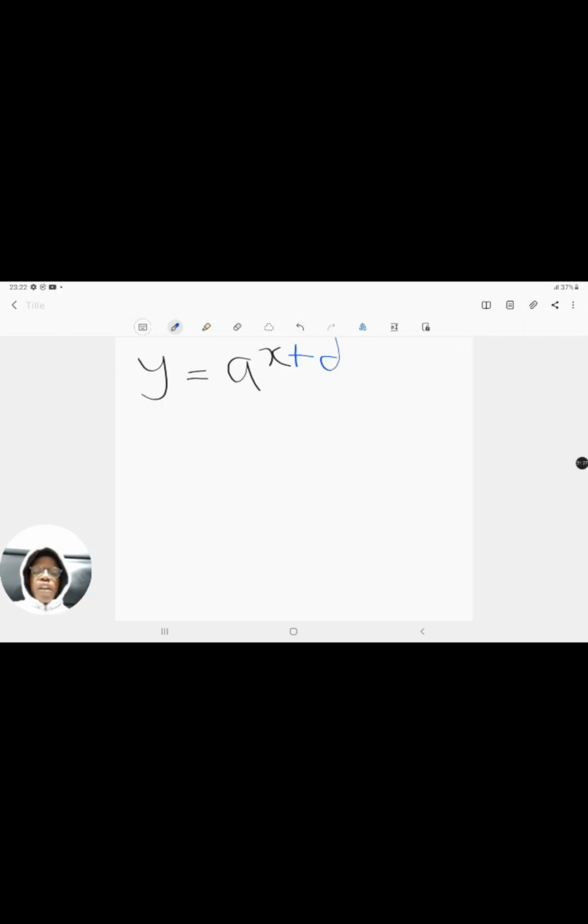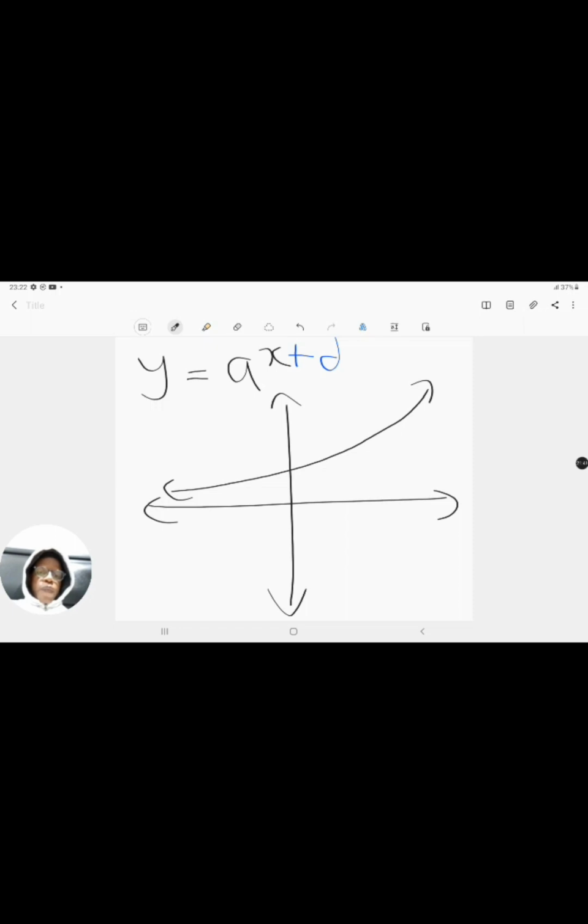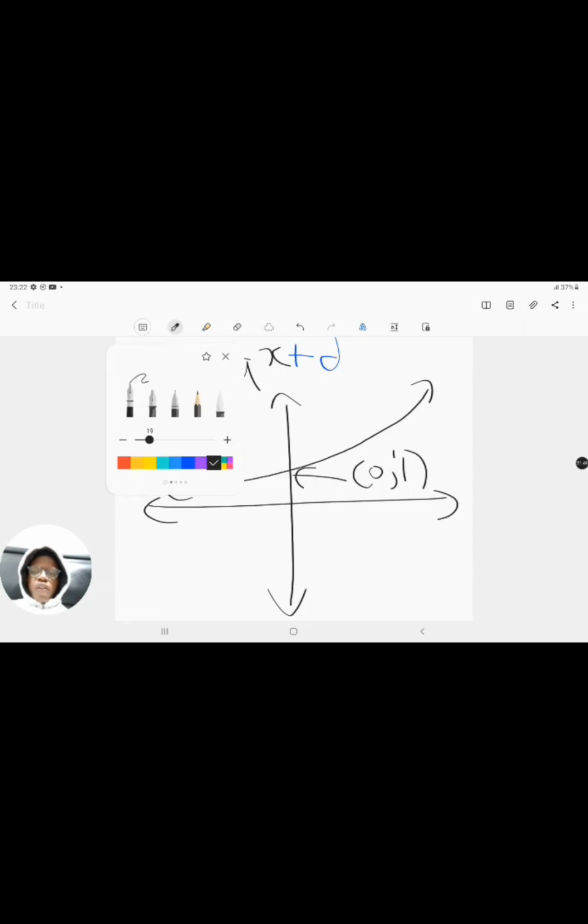Remember with your original graph, this is what you had. You've got your y-intercept being (0, 1), and you've got your asymptote lying on your x-axis. Your asymptote lies on your x-axis.